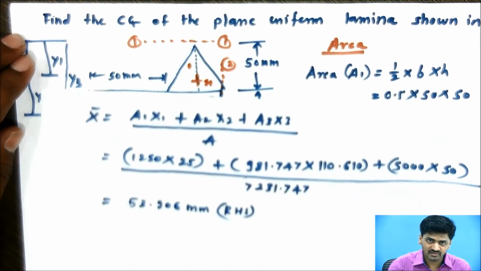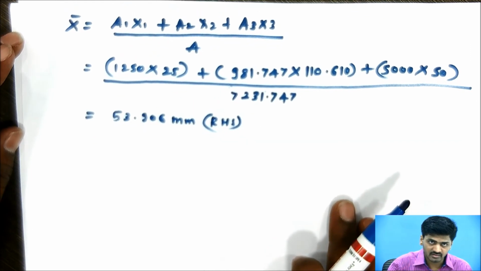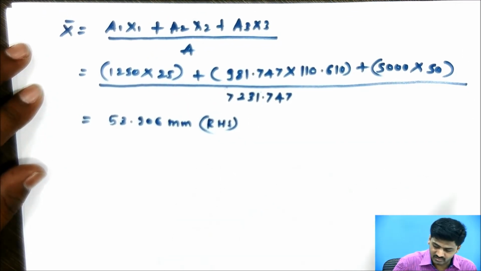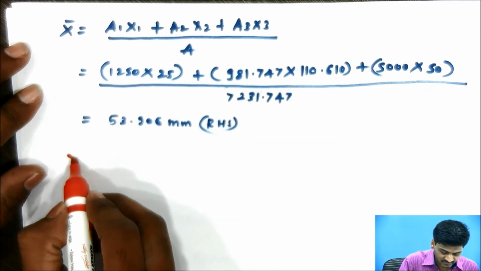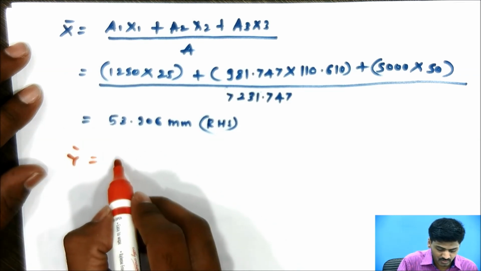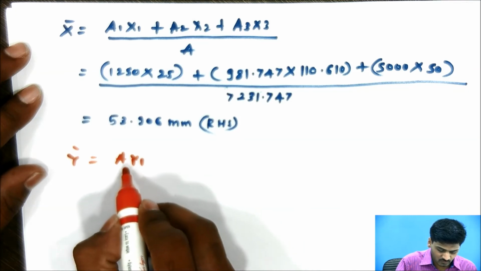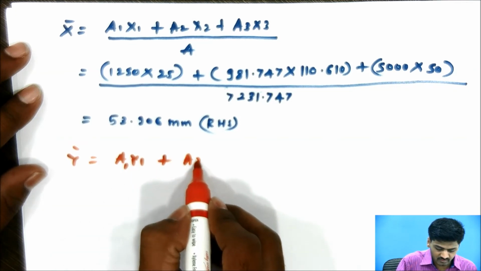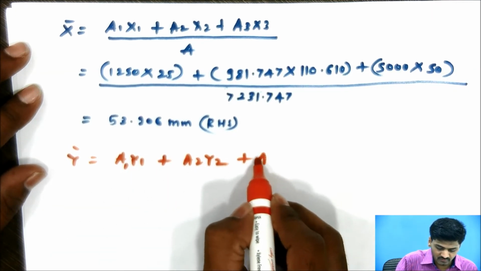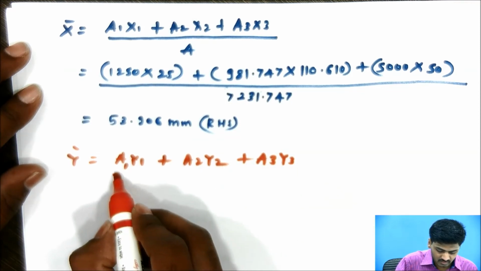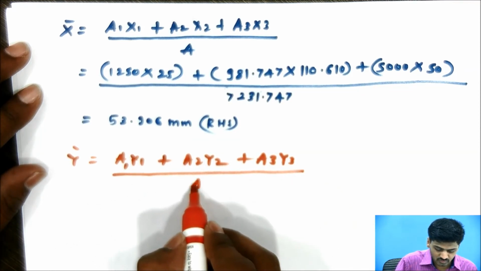Now simultaneously you may identify y bar. How to calculate y bar? The formula is the same. y bar is equal to a1 y1 plus a2 y2 plus a3 y3 divided by the total area, instead of x1 you consider y1.